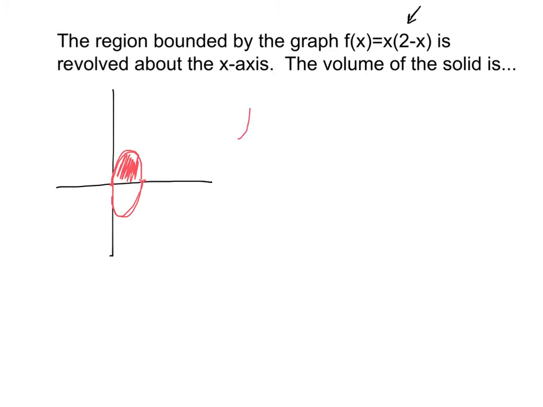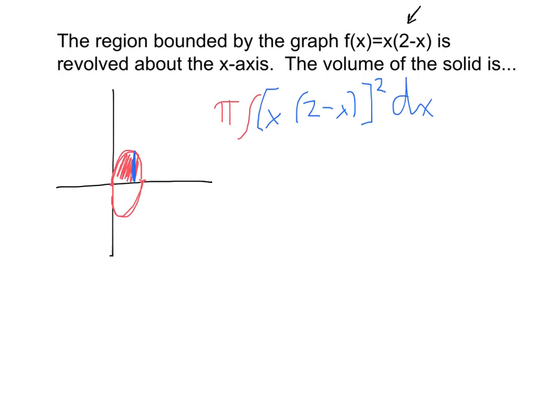So you can imagine this shape as being kind of an elongated ball when that's rotated around the x-axis. And we're just going to do the integral of pi times the radius squared. The radius is the distance to the curve, which in this case is just x times (2 minus x). If you want to distribute that x because you like the way it looks, then distribute that x. You're the mathematician in charge of the problem. Do it the way you like. Notice I'm squaring it because it's always pi times the radius squared.